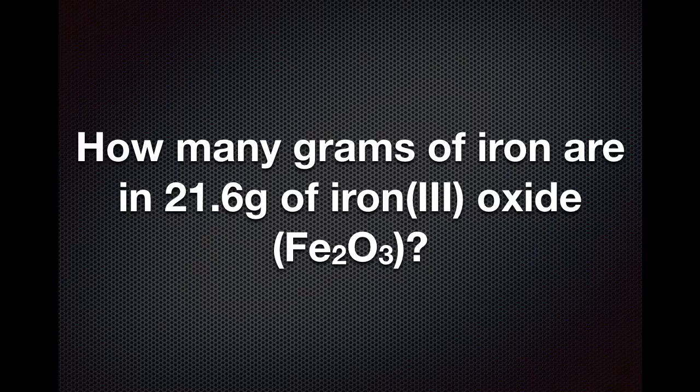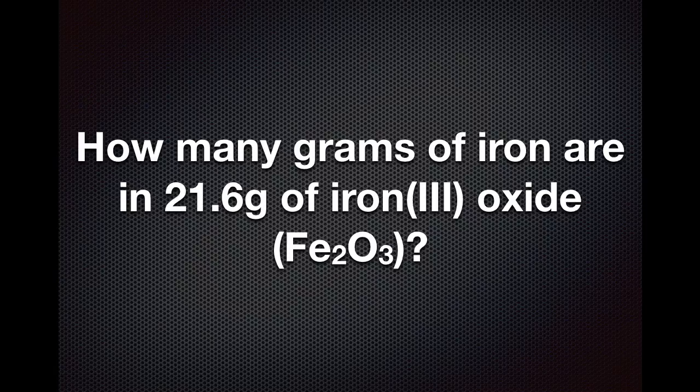So to find the percent composition, I'm really only concerned about iron because that's the only thing that they're asking for. So I'm going to put the mass of the iron that I have, which is 2 irons, so it's going to be 111.8 divided by 159.8. You multiply that by 100, you get a percentage.